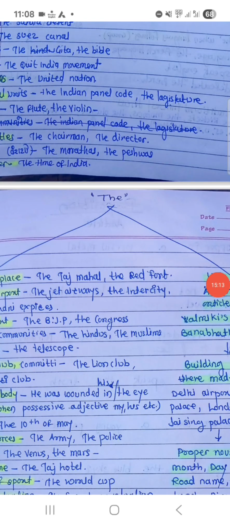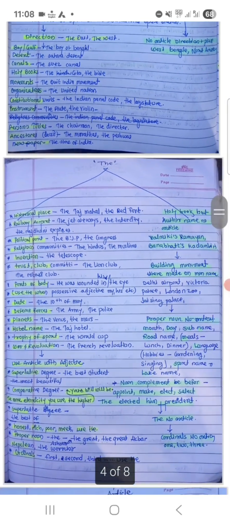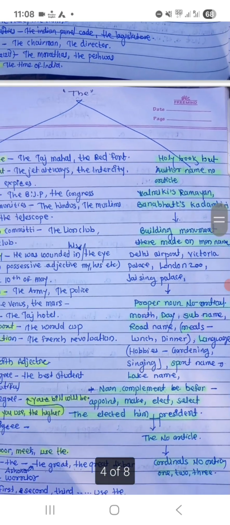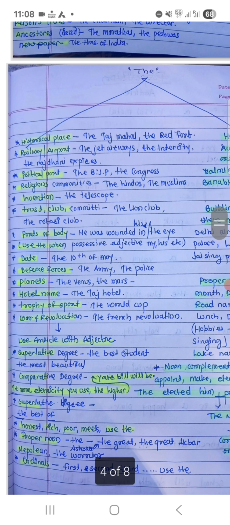Okay, move to the next page. Here there are two colors: where we use and where we do not use. First, where we use: historical places, the Taj Mahal, the Red Fort. Next, railways and airways: the Jet Airways, the intercity, the Rajdhani Express.